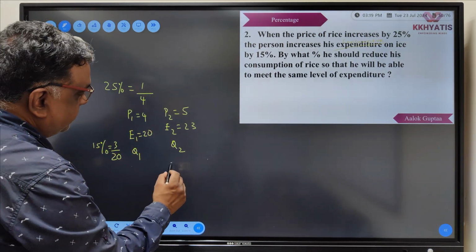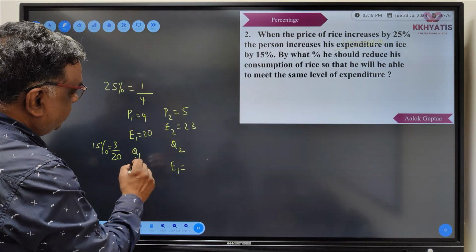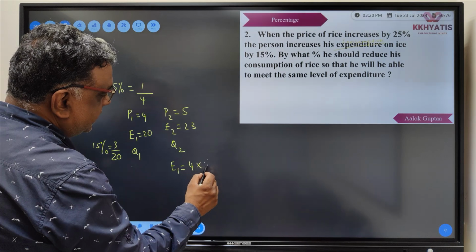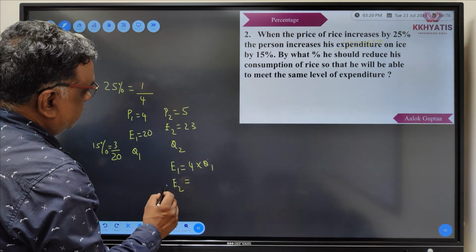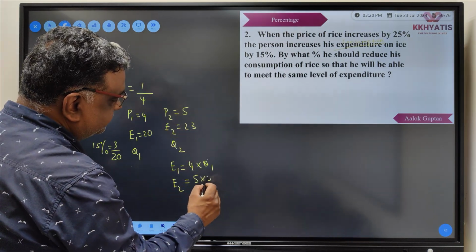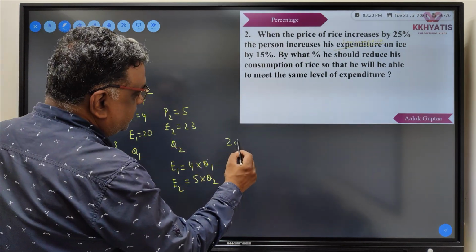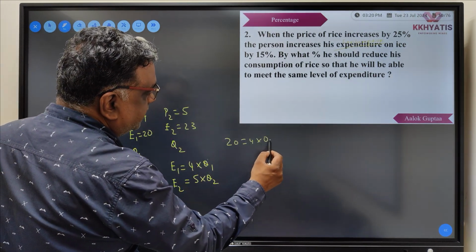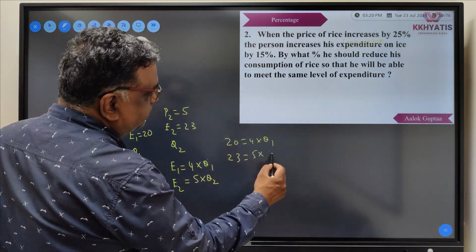So what will be E1? 4 into Q1, correct? And what will be E2? 5 into Q2, correct? But my E1 is 20. So 20 is 4 into Q1 and my E2 is 23, 5 into Q2.